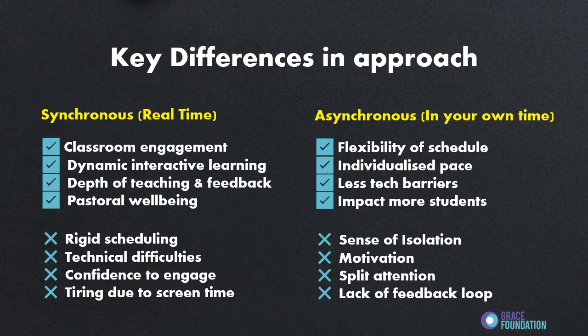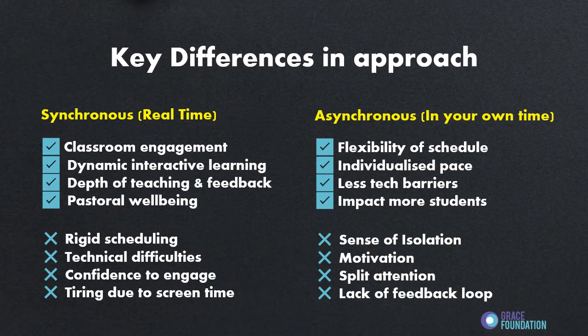The depth of teaching and feedback is much stronger when it's live, when you've got your teacher there with you. It's also quite good for the well-being of the students, in terms of them being able to see their friends in real time, and also for the teacher to be able to check up on them when they need to, to make sure that they're okay. It's that kind of safe and well check-in in an online forum.